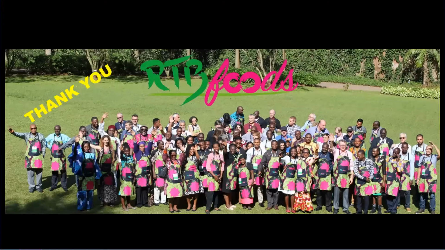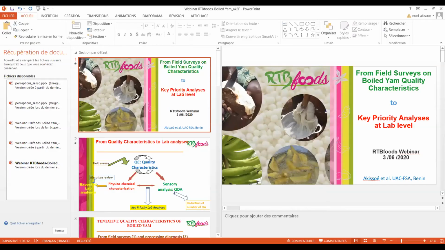Thank you, Noel. Thank you very much for this very clear presentation on your preliminary results, which shows very well the importance of taking into consideration bad or undesirable quality attributes together with good ones, and not only to focus on measuring good or desirable attributes.